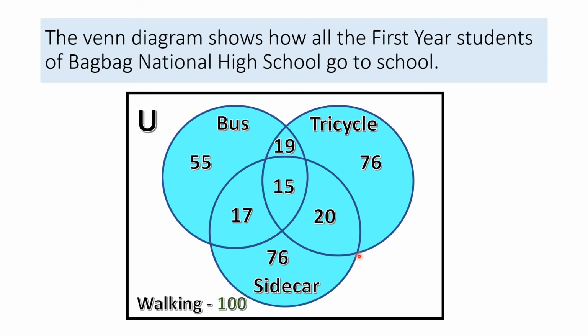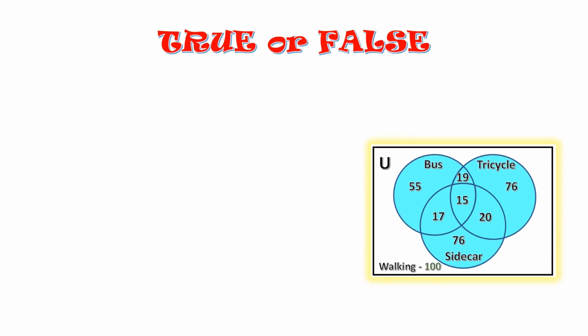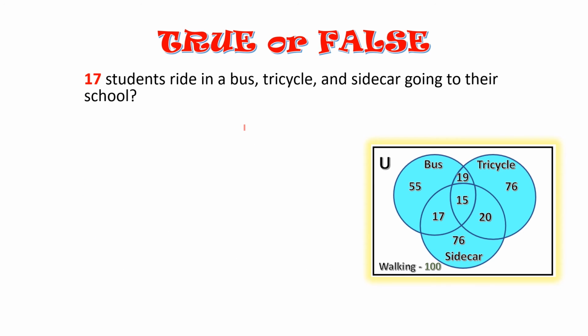So, let's check sa mga follow-up questions natin kung tama ba yung given data. Okay, let's start. For our first statement, true or false? So, 17 students ride in a bus, tricycle, and sidecar going to their school. So, ang tinatanong dito, bus, tricycle, and sidecar.